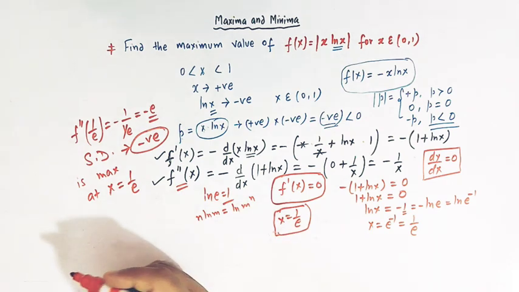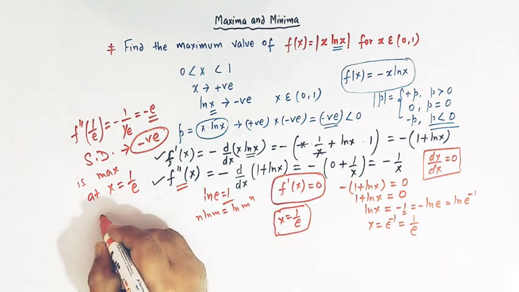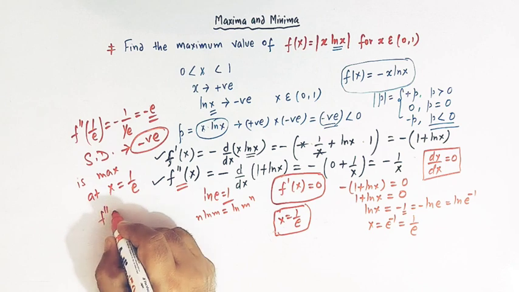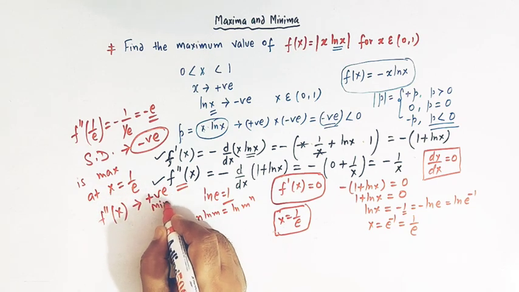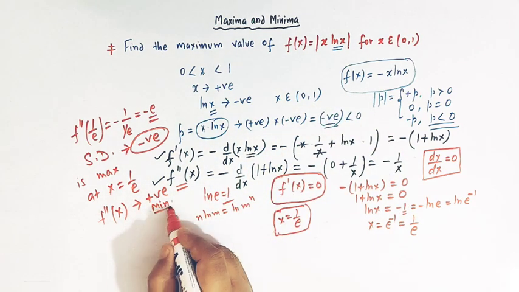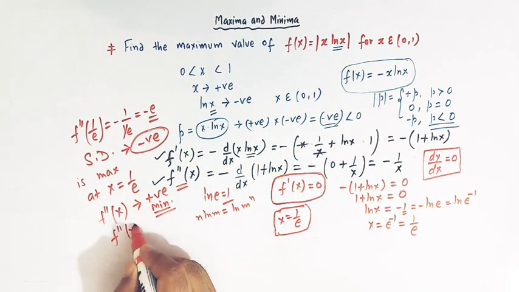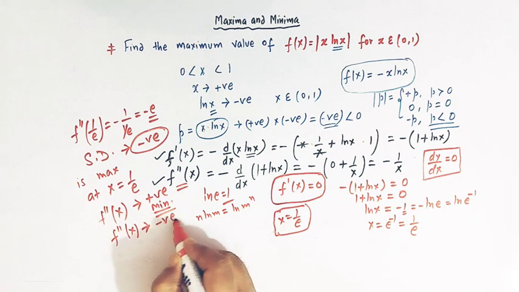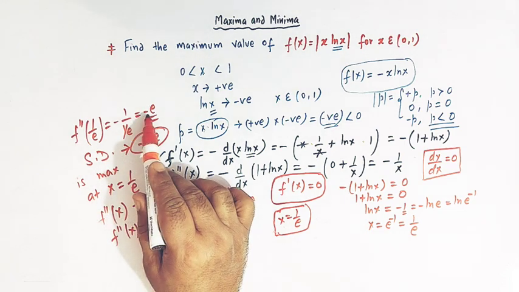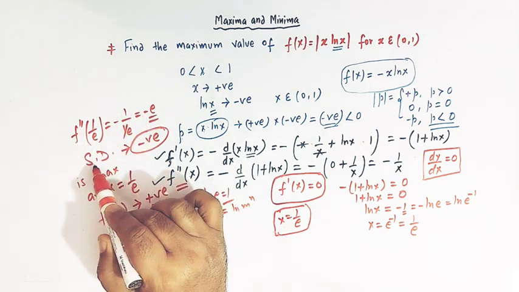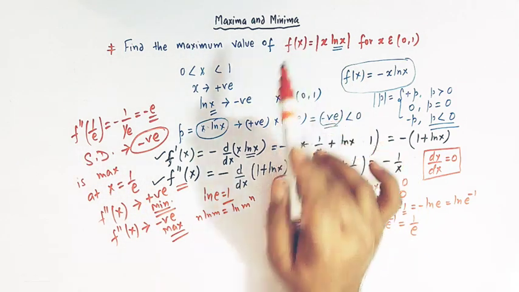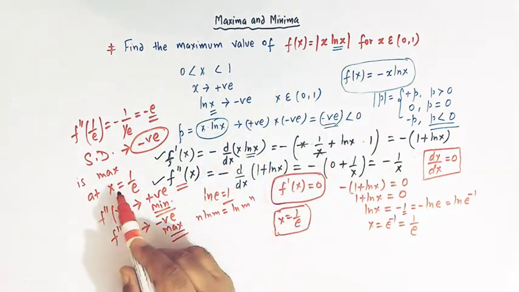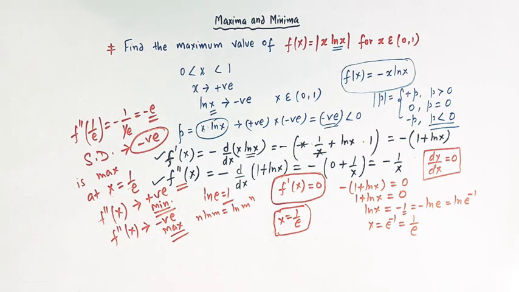According to the second derivative test, if the second derivative comes out to be positive, then the function is minimum, and when the second derivative is negative, then the function is said to be maximum. Here we get the negative sign, so the second derivative is negative, hence this function f of x is maximum at x equal to 1 over e.